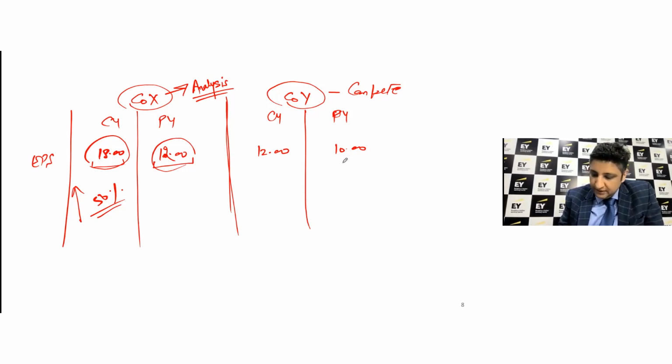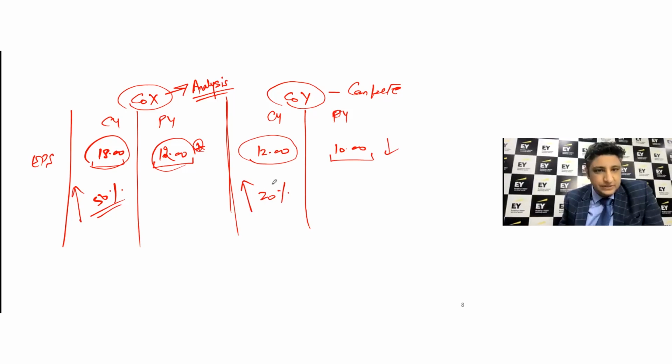But also you are suggesting that last year the competitor had a lower EPS as compared to company X, and while even that company has improved in terms of performance, its growth is 20% only, right? So people are able to analyze it by looking at it on the face of the financial statements of the company. And of course, company X doesn't have to present the financial statements of company Y or any other competitor.